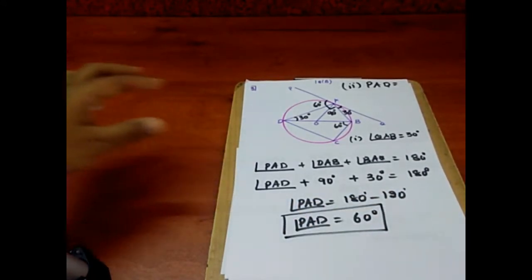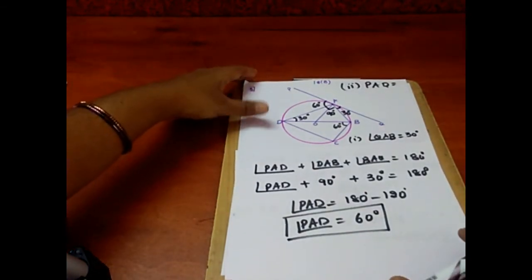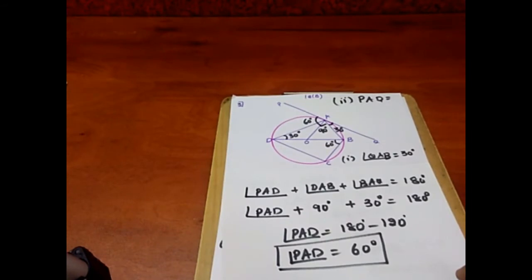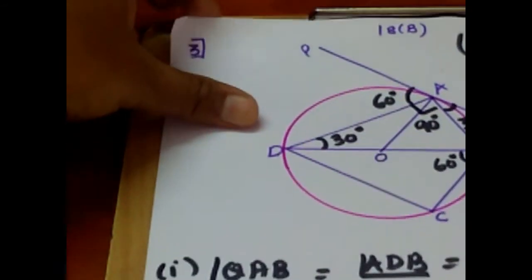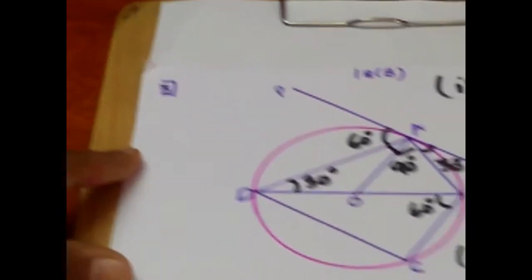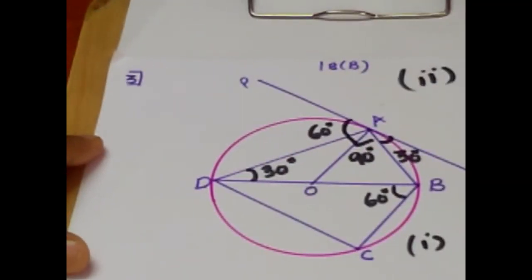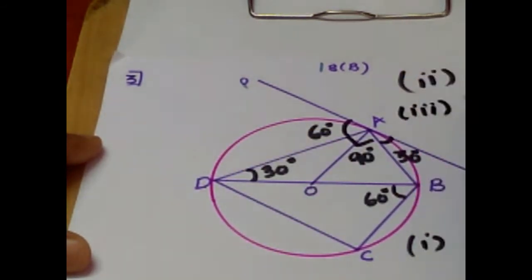Sub question 2 done. Now sub question 3. Angle CDB should be calculated. What do we need to calculate? We need to calculate angle CDB. So observe the diagram, children. I hope you got it by this time.